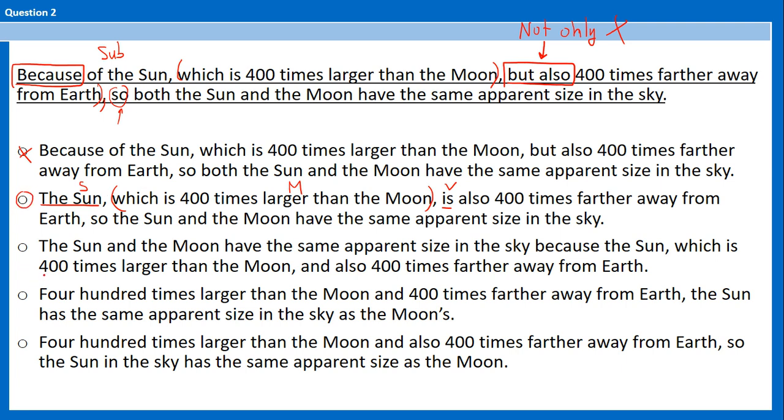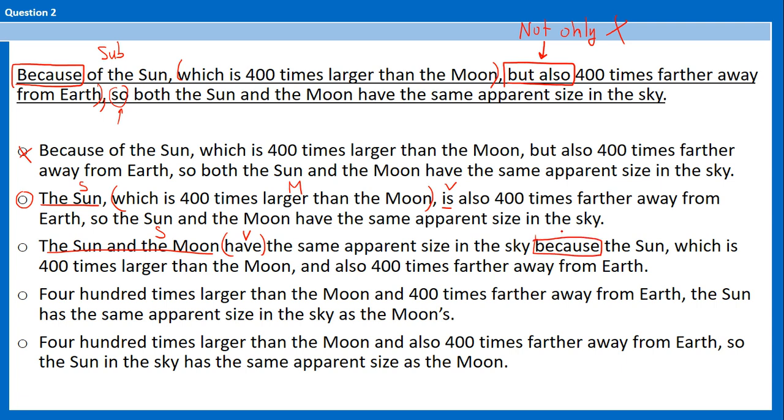Let's leave it for now. Take a look at number 3. The sun and the moon, that's my subject. Have is the verb. They have the same apparent size in the sky. Because the sun, okay, so you have the subordinator because.